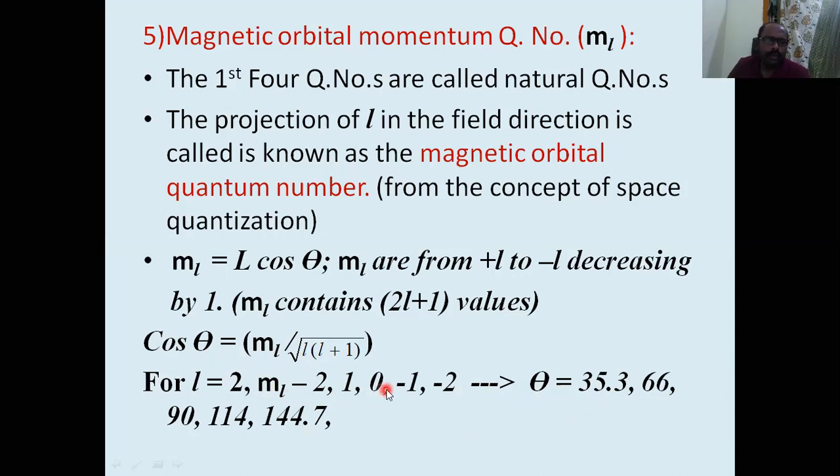For ML equal to 0, cos theta is 0, corresponding to theta equal to 90. For the remaining ML values, these are the angles. We see the total thing in one diagram or animation in the next slide.